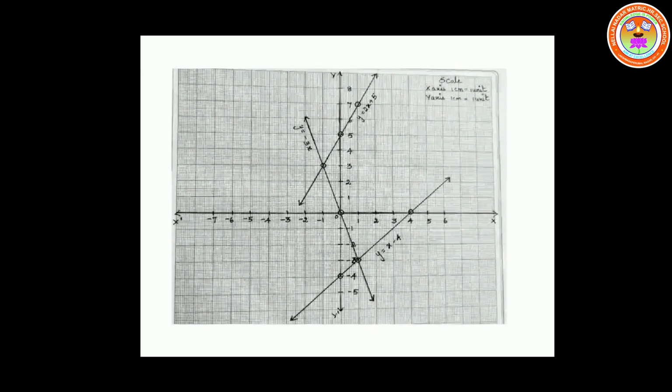And the scale is x-axis 1 centimeter is equal to 1 unit, y-axis 1 centimeter is equal to 1 unit. It is very necessary to write the scale, and you have to write x dash, y dash. The graph should be very neat. Okay, children? So we have completed this sum.